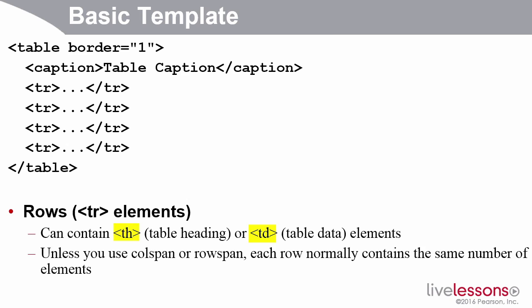And unless you use colspan, column span, a cell that spans multiple columns, or rowspan, a cell that spans multiple rows, each of the TRs typically has the same number of elements. So a common format is to have the first TR contain the headings. So suppose you have 5 THs in the first TR, then the next TR would have 5 TDs, and the next one would have 5 TDs, and the next one would have 5 TDs.